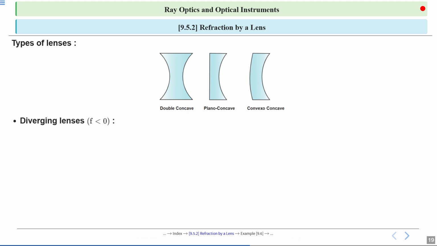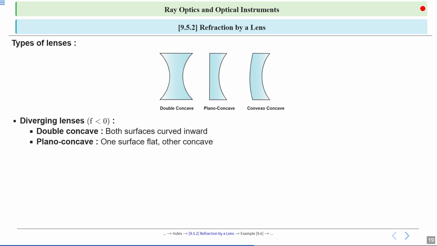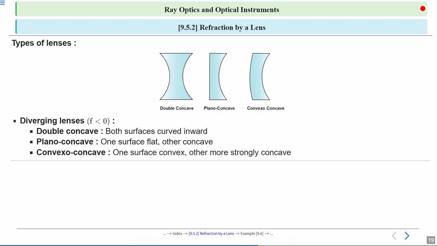So these are diverging lenses; for a concave lens, focal length is negative, less than 0. Double concave, both surfaces curved inwards. Plano concave, one surface flat, other concave. And convexo concave, one surface convex and other more strongly concave. You can see the other surface is more curved, so that means more strongly concave.